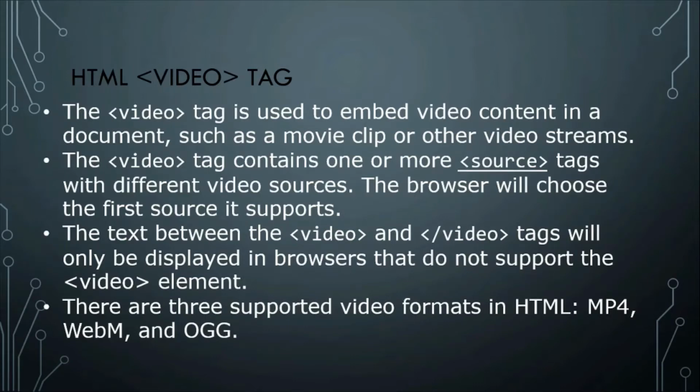Like if the browser supports the MP4 format and not other formats, and we have written many formats in the source tag, it will only use the MP4 format. And there is one more condition: if 2 or 3 formats are supported, like there are only 3 formats as you can see, MP4, WebM and OGG, but OGG is an audio format, so we use OGV instead of OGG in this.